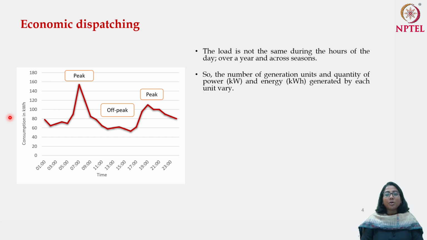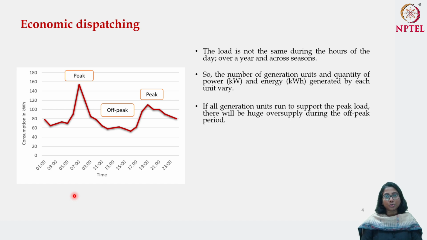Therefore, the number of generation units and the quantity of power, which is measured as kilowatt, and the energy that is measured as kilowatt hour, generated by each generation unit actually varies. So each of the generation units in a power plant generates a different amount of electricity at different points of time.